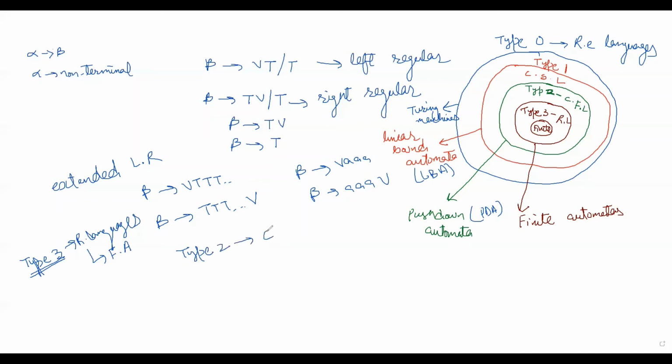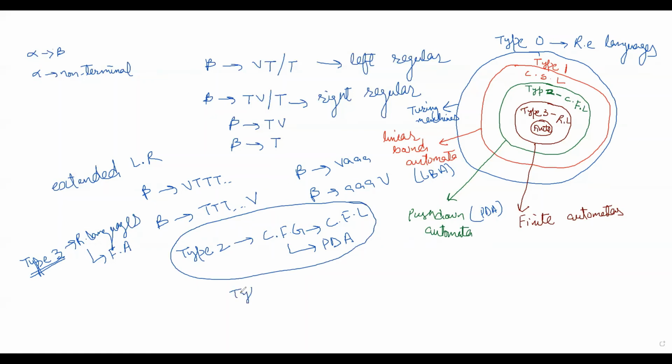Type 2 is context-free grammar, and the language generated is context-free language. And the mathematical model that recognizes the context-free language is called push-down automata. Okay, so this is one topic. Other is type 1. We won't be discussing type 1 because that is context-sensitive language. That is out of scope of this particular lecture series.